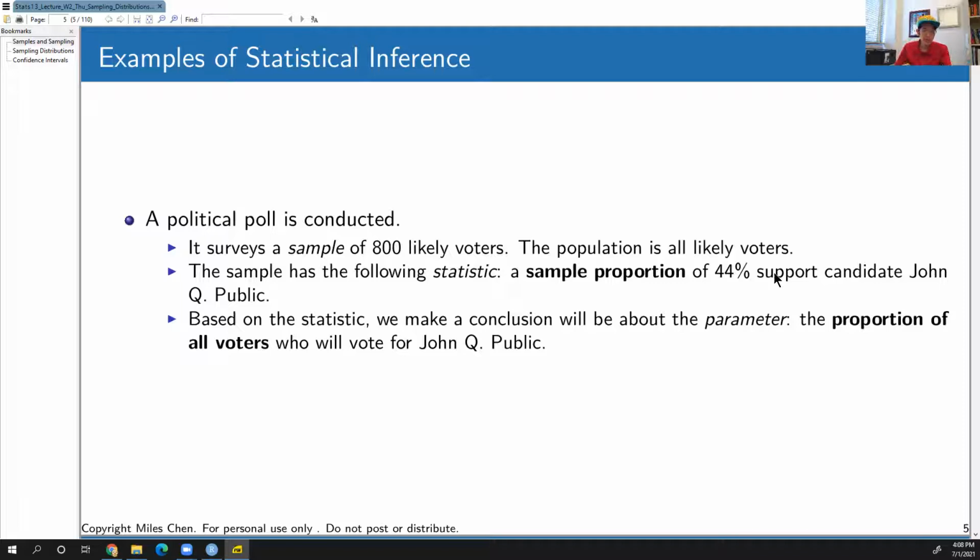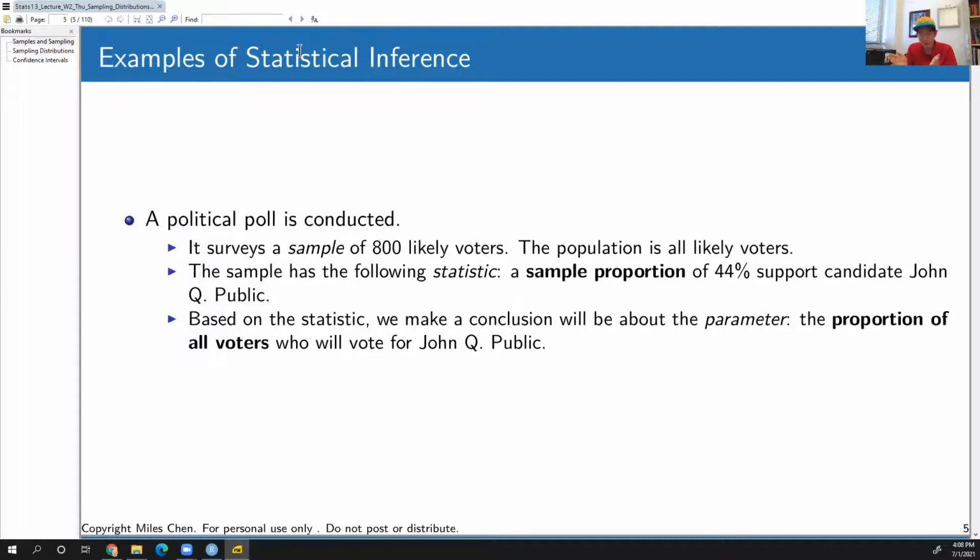And what we want to do is say, if 44% of our sample supports this candidate, then what can we say about the general population?